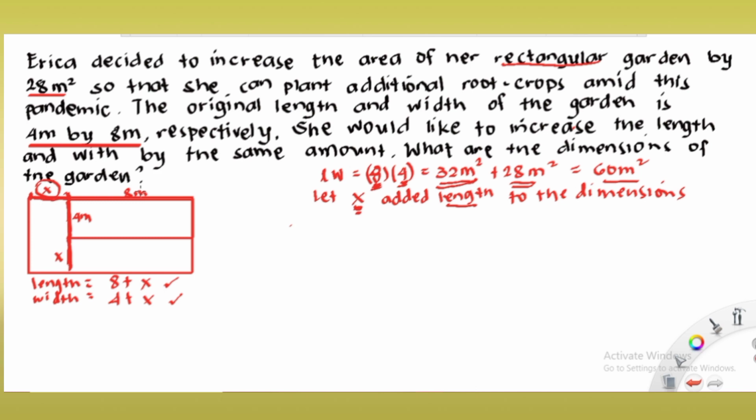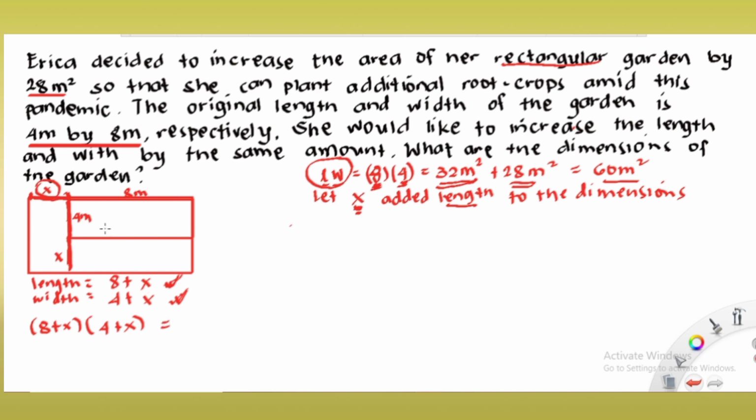So, if we're going to make an equation from this, again, we have discussed a while ago that the formula for the area of a rectangle is length times width. So if we're gonna substitute these expressions or these measurements sa formula, so that will become the length, which is 8 plus x, times the width, which is 4 plus x.